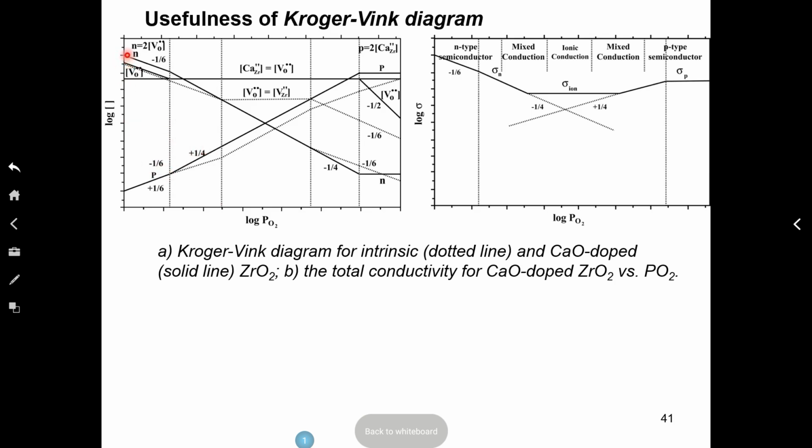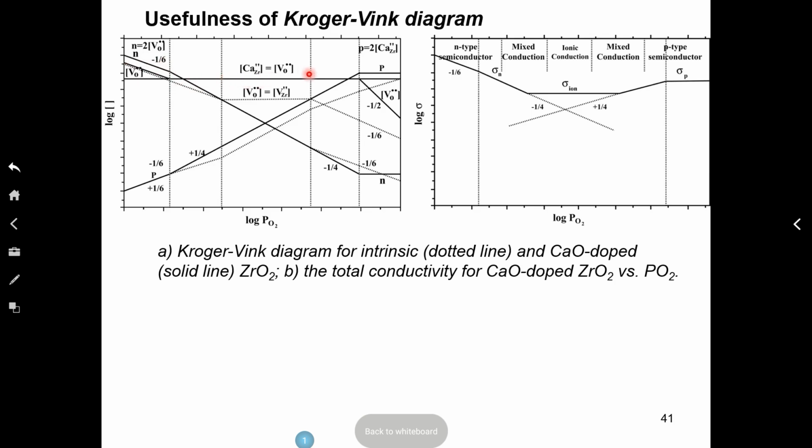But you can see that oxygen vacancy is dominating here. Then it's decreasing, and this is dominating in this intermediate range. So you will get some mixed effect here. So this is n-type, mixed.